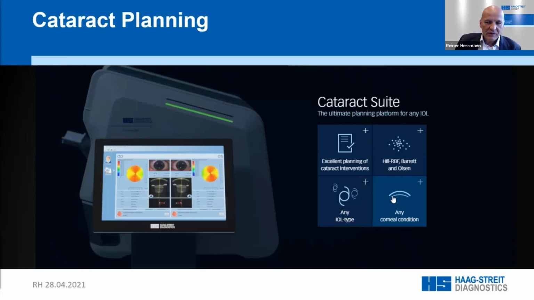The Cataract suite comes with the latest IOL calculation methods, such as the Hill RBF 3.0, the Barrett, and the Olsen formula.